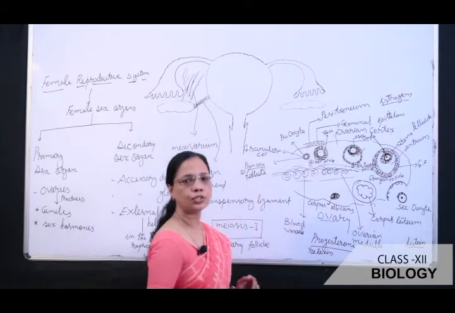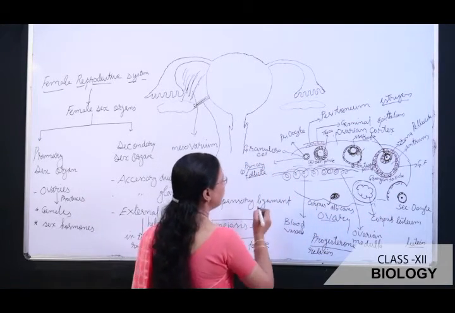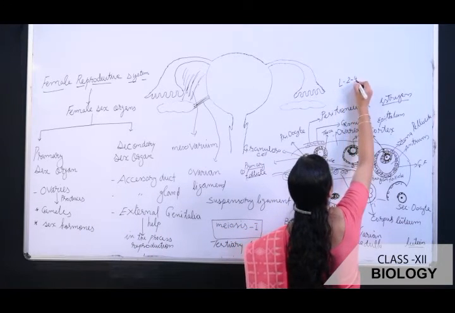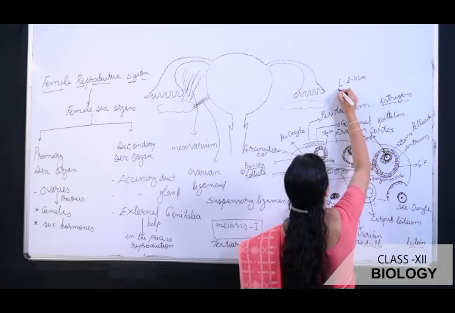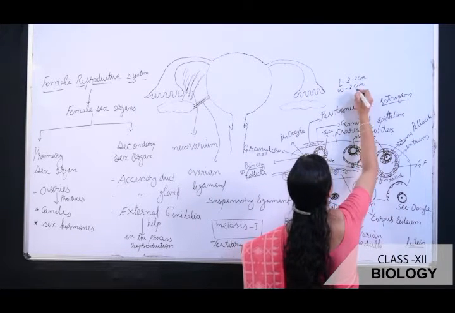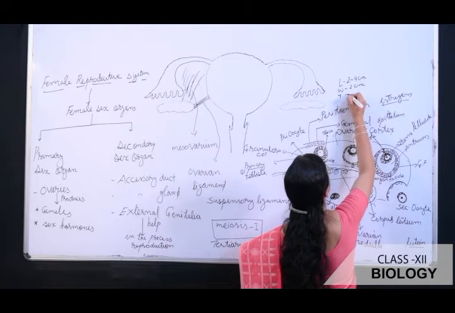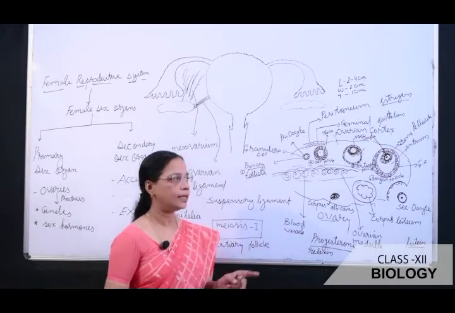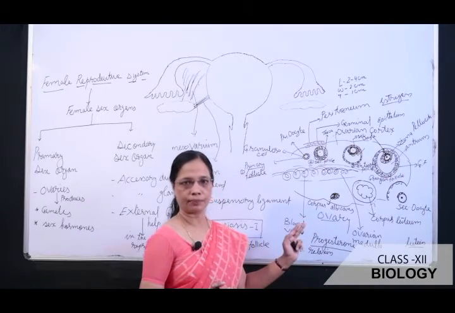Now what about the size of the ovary? The length of the ovary is about 2 to 4 centimeters, the width is about 2 centimeters, and the thickness is about 1 centimeter. So what we have seen, ovary is an almond shaped structure.